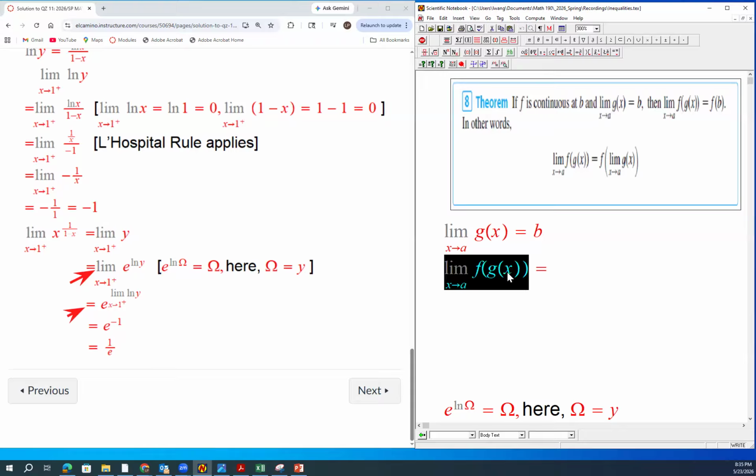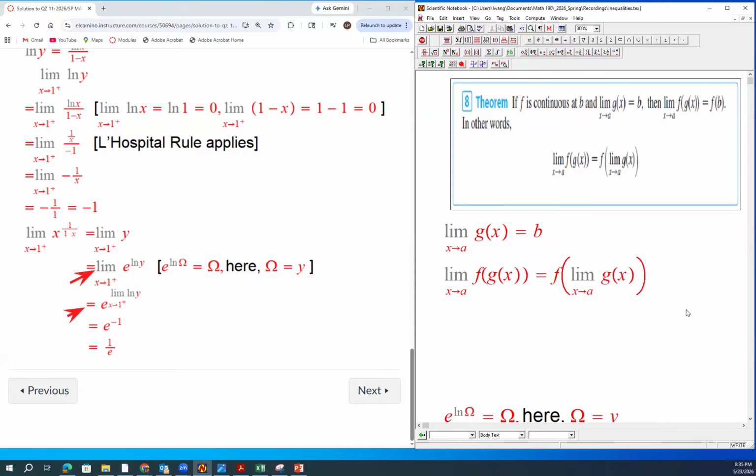That theorem is about when f is a continuous function, the limit can go across f from output into input.